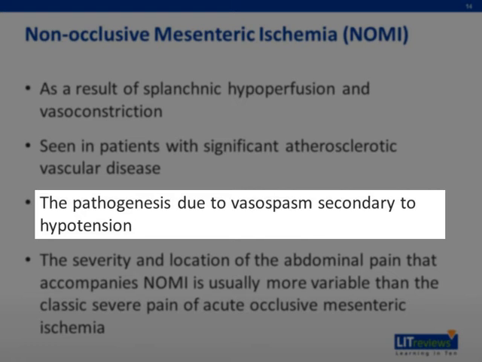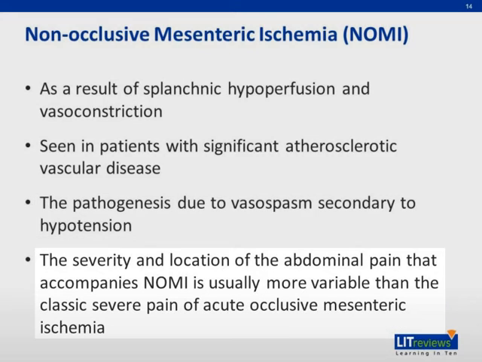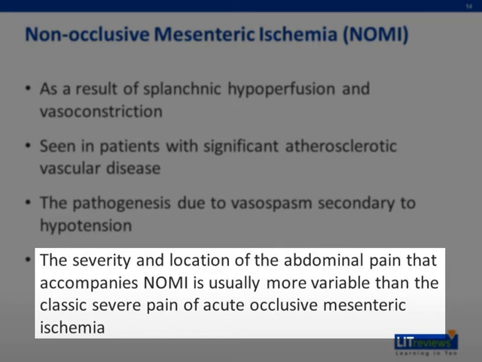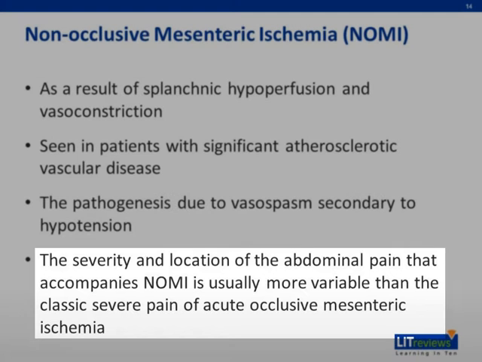The villus tips are most susceptible to injury because of their relatively high oxygen requirement. The severity and location of the abdominal pain that accompanies NOMI is usually more variable than the classic severe pain of acute occlusive mesenteric ischemia. Thus, a high index of suspicion in elderly patients with risk factors for NOMI is imperative for making a prompt diagnosis.